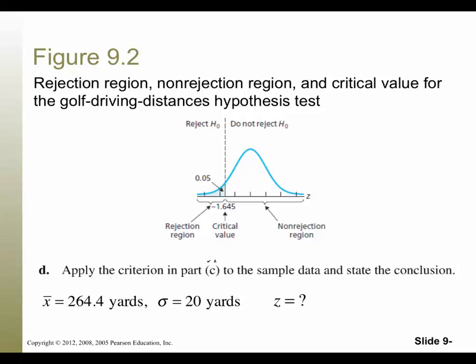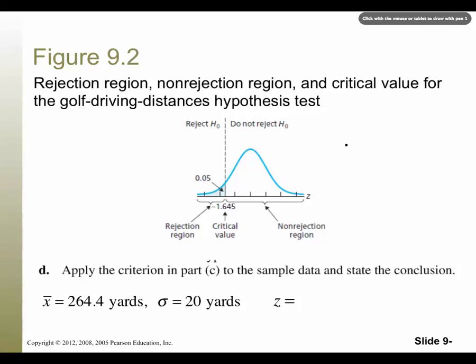Let's set up the z-score again. How do we find a z-score for a sampling distribution when the population standard deviation is known? We're testing against 275.